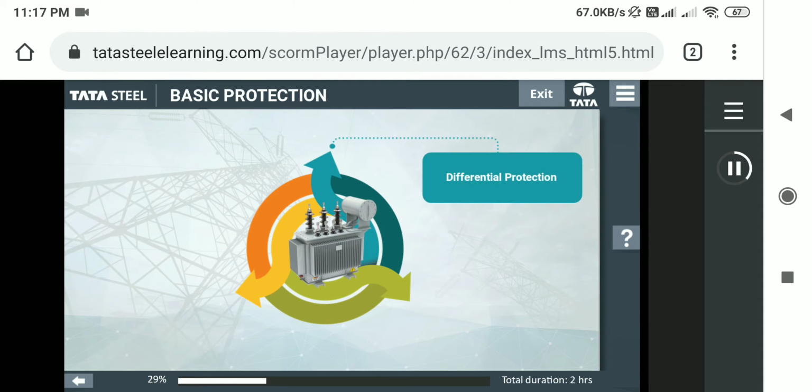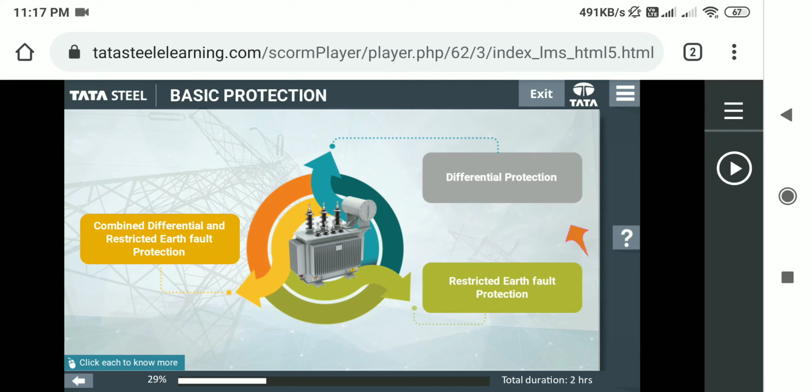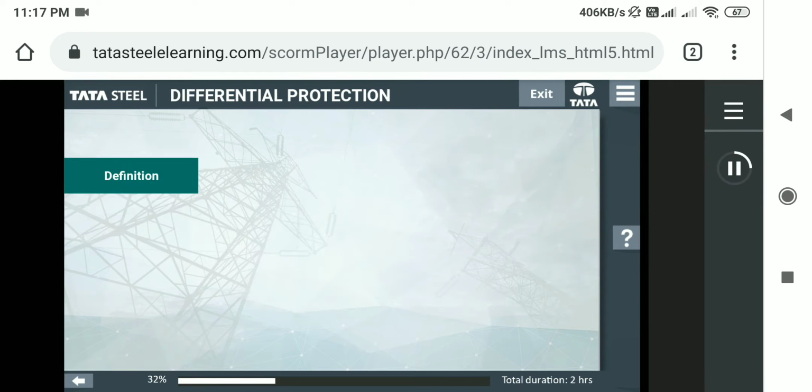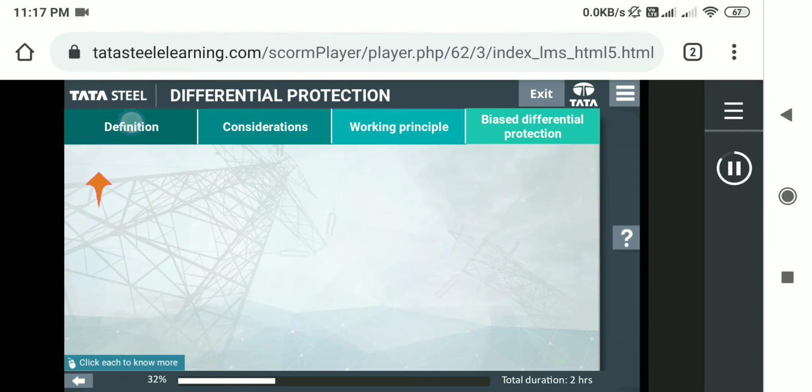Differential protection, restricted earth fault protection, combined differential and restricted earth fault protection. Click each to know more.